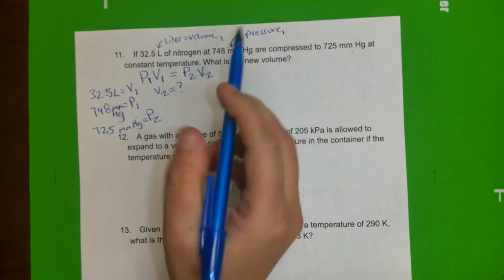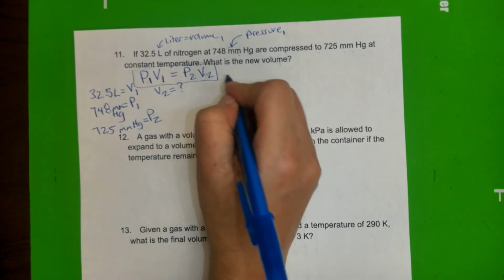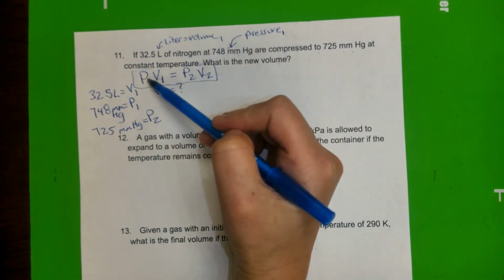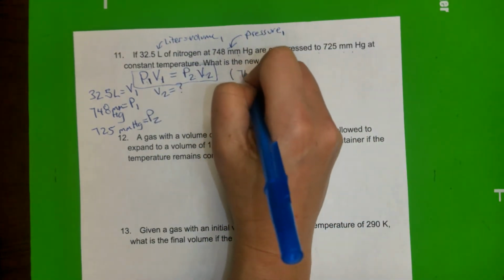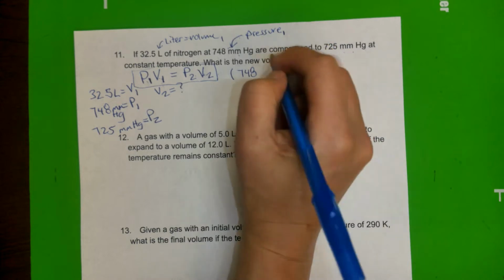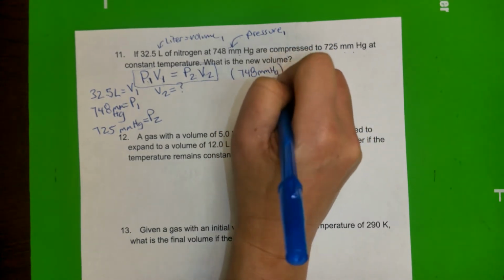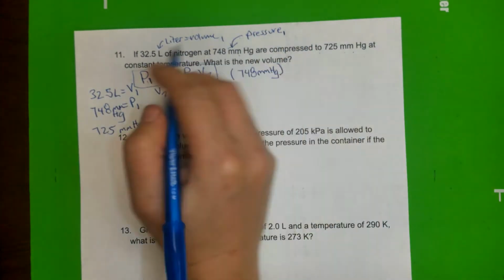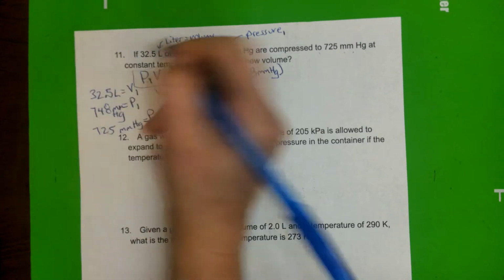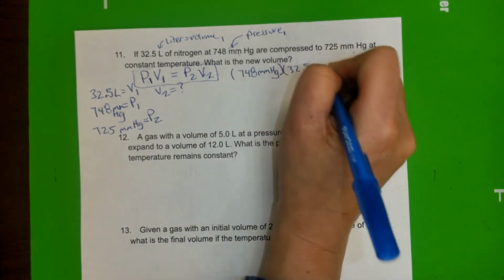Okay, so the next thing we do is we plug it in the equation. We start with P1. Since we're multiplying, we're going to put parentheses, 748, and then we're going to multiply by the initial volume, which is 32.5 liters.